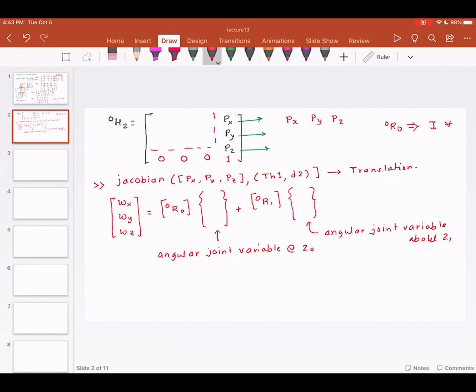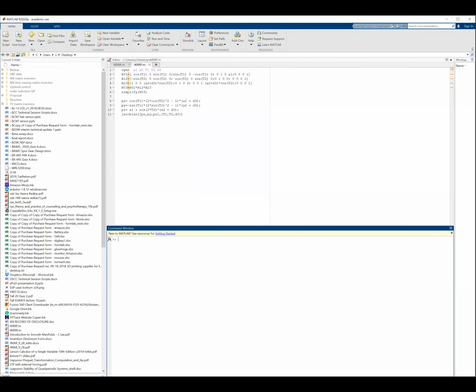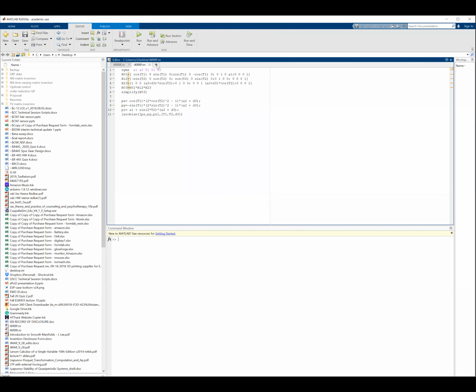So now I'm going to change my display to MATLAB. Okay, now you should be able to see my MATLAB window.